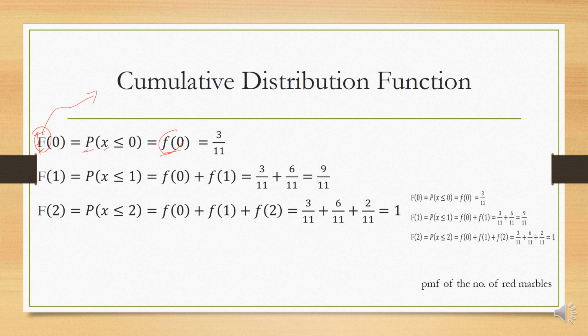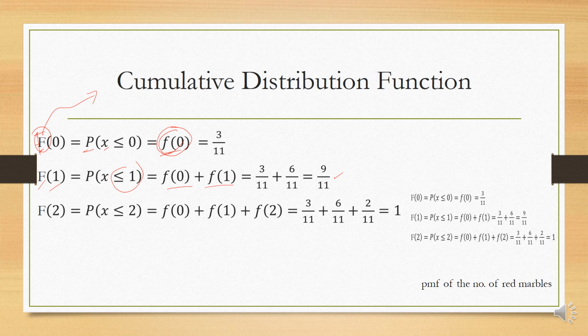You go back to the previous discussion of this, kasi yung mga values nito ay yun ang sinolve natin kanina. Ito naman ay F of 1, ibig sabihin, no, malaking F, less than or equal to 1. Eh, meron tayong probability of 0. So, isasama natin yon, f of 0 plus f of 1, which is 9 over 11.